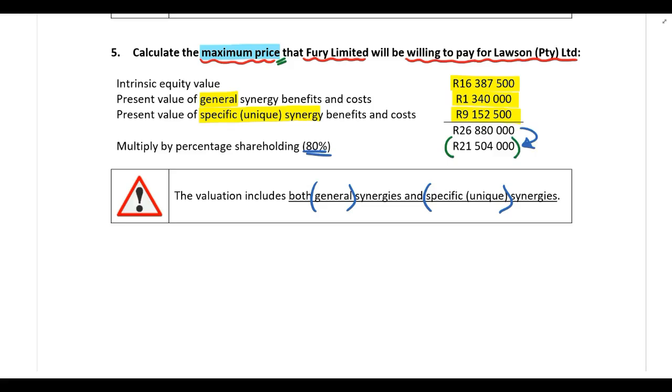Now the first thing that you need to discuss, guys, is the maximum value includes both general and also specific or unique synergies and costs. Now please remember, if there are any other bidders, so if there's any other companies interested in buying Lawson Pty Limited shares, they won't be aware of these specific or unique synergies. They are only aware of the general synergy benefits and costs.